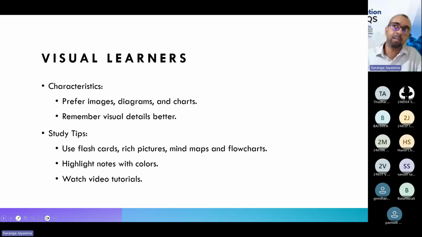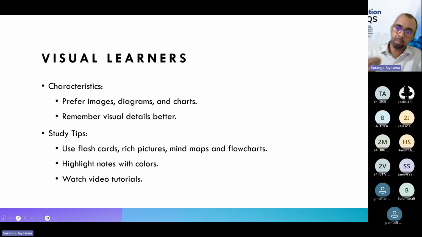Now you can think of whether you are a good visual learner or not, right? For example, think of something that you learned at school, something that was both in a diagram and also in a description.